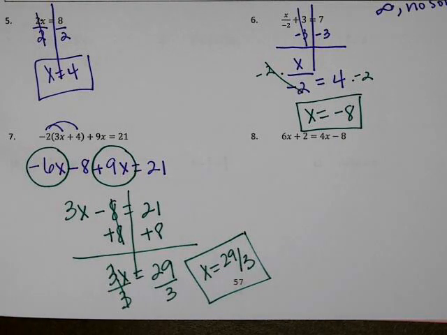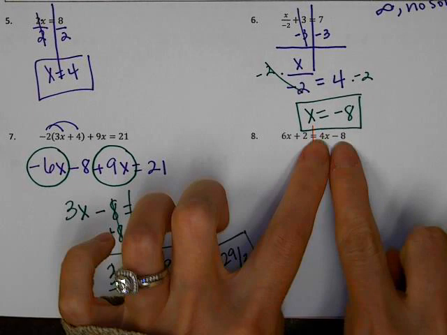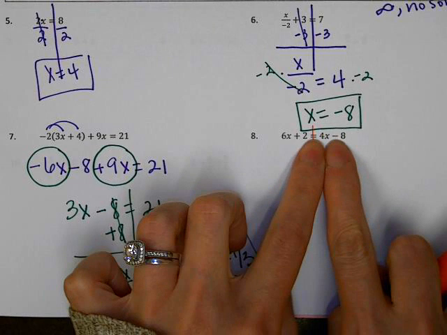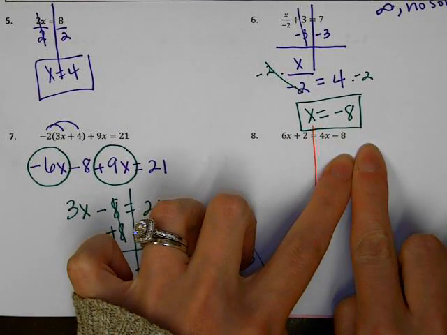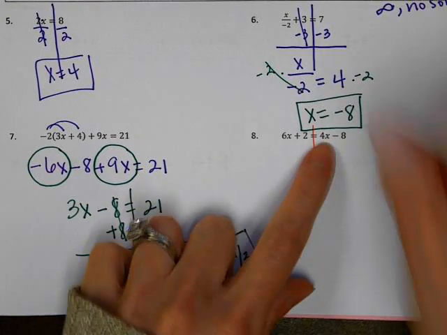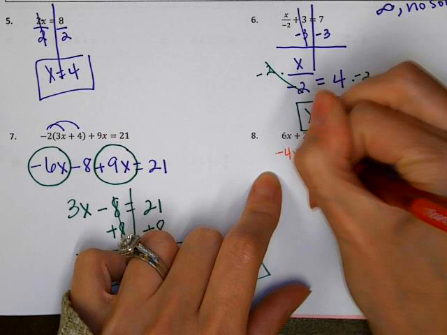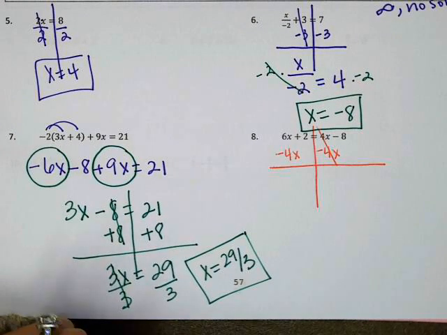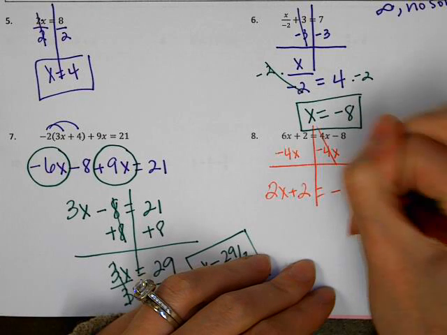And then lastly, number 8, what if there are variables on both sides? You guys need to pick a side and move all the variable terms to one side and all the constant terms to the other side by doing the opposite. So like, let's say you wanted to move a 4x, we need to subtract it over. So now we have 2x plus 2 equals negative 8.